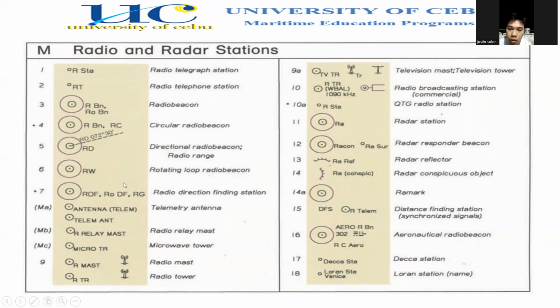RW is rotating loop radio beacon. Micro TR is microwave tower. On the other side, DFS or RTLM is distance finding station. We will not read everything here, for this is given. Next slide, please.